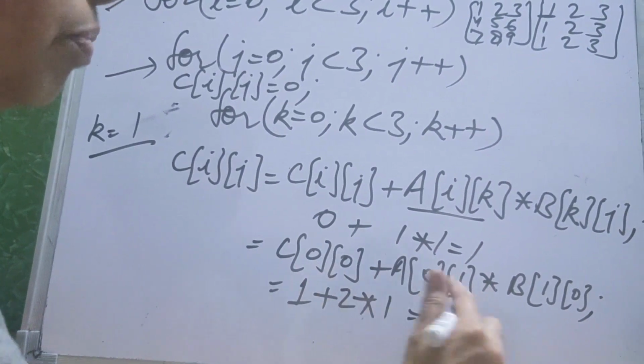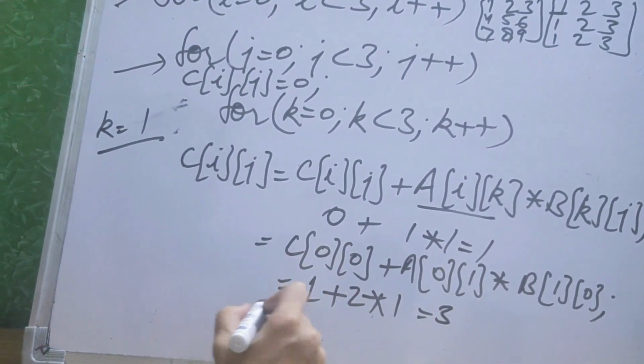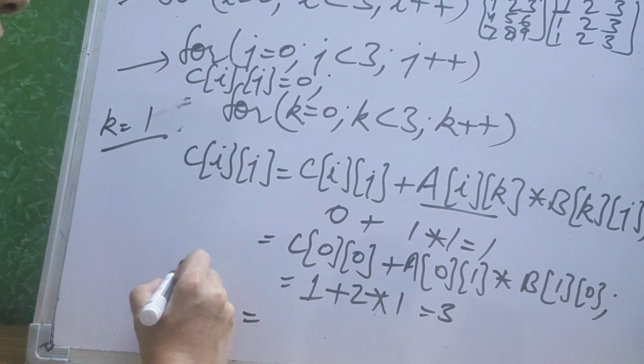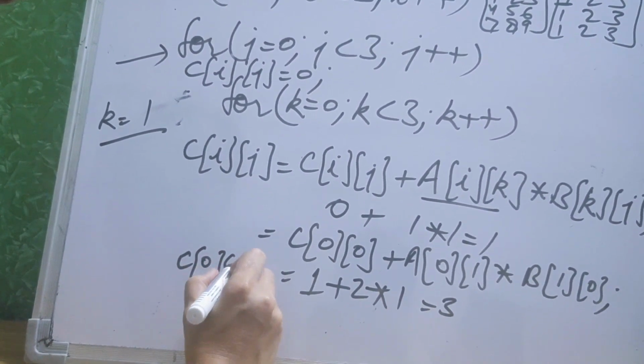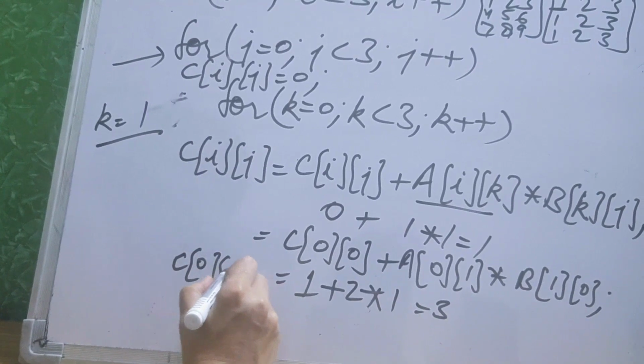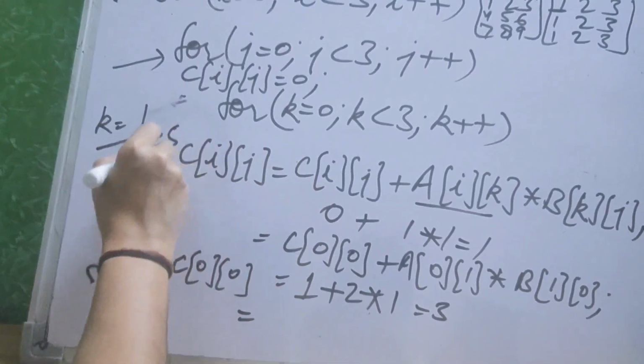That is 1 plus 2, that is 3. Now again its value is C00 going on.